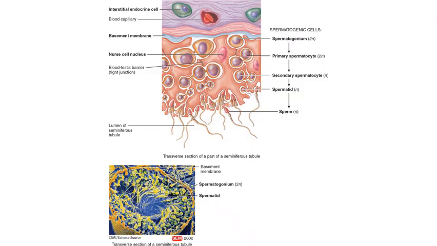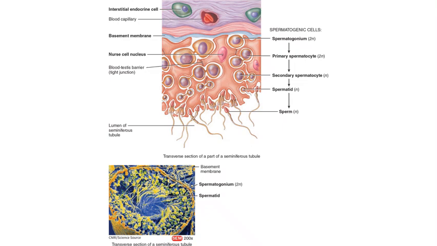In order of advanced maturity, there are primary spermatocytes, secondary spermatocytes, spermatids, and sperm. After a sperm or spermatozoon is formed, it's released into the lumen of the seminiferous tubule, and sperm is made.